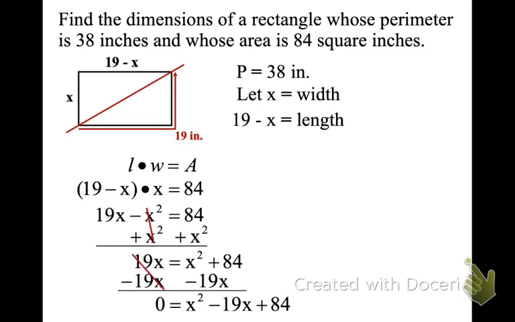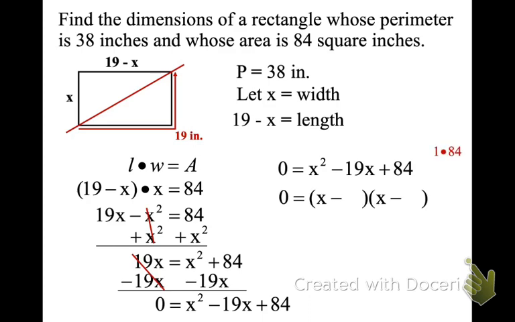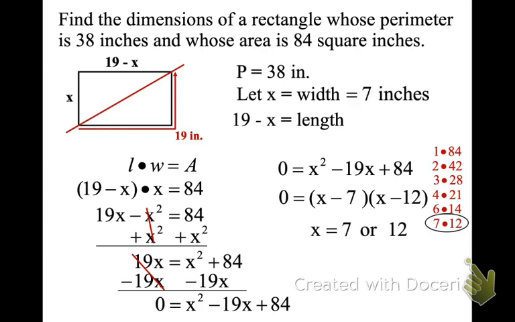And then we end up with, I'm thinking 84 is in the multiplication table of 12, so I think 12 and 7. It would have to be negative 12, negative 7. This is going to be one of those trickier ones because both are positive. So my solution is x equals 7, x equals 12.